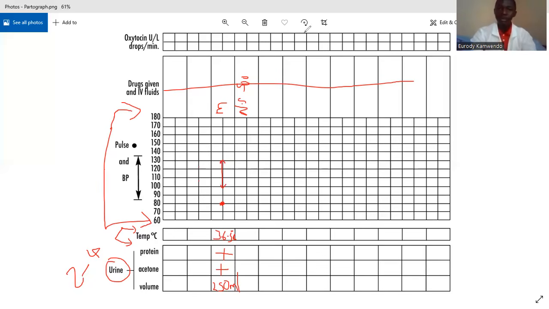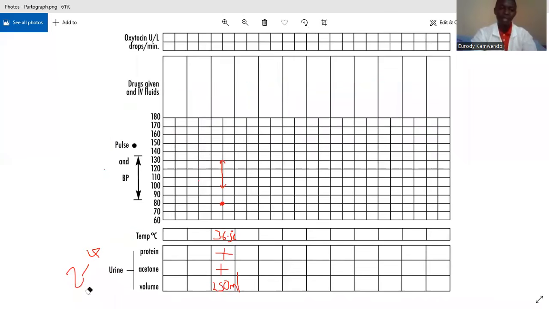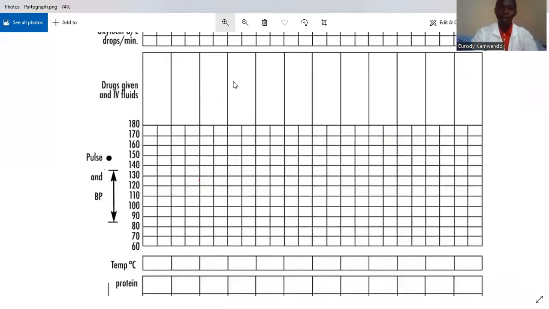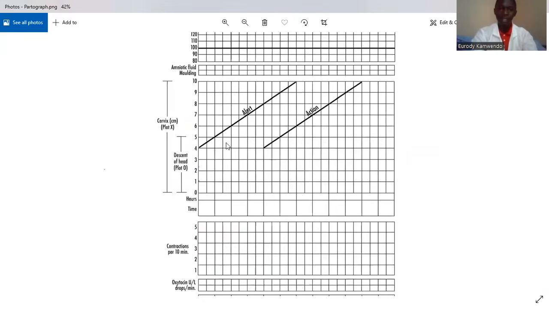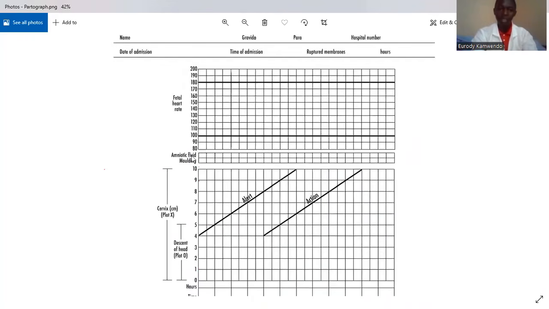So when it comes to the Partograph, these are the parameters that you need to record. Just remember that this is the tool we use to monitor the progress of labor in a woman who is pregnant and admitted to the labor ward. Remember that you always start with this particular part: check the amniotic fluid, molding, fetal heart rate.